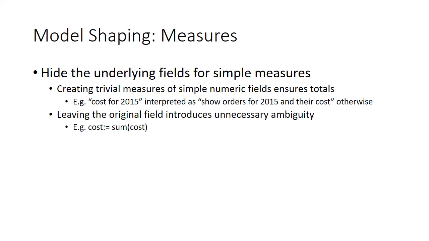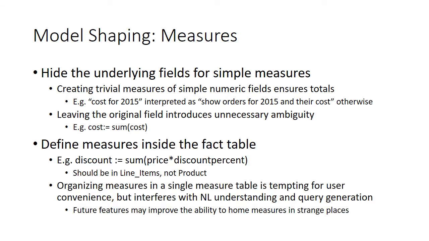One other note about measures. Make sure to define the measures inside of the fact table, the table where they're natively defined, rather than homing them somewhere else. So for example, if you're defining a discount, which is the sum of the price of the product times the discount in that order, that measure should be defined in the line items table, not up in the product table, since discounts are related to anything reachable from the line items table, such as orders and products and customers.